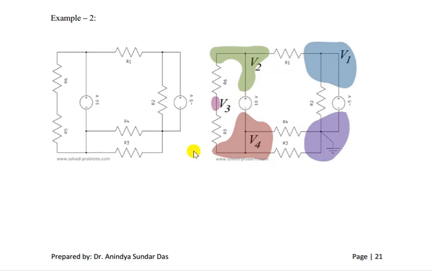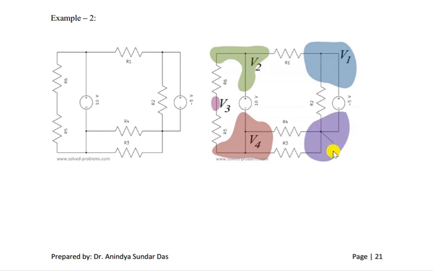Another example. Now see here what we can do. We can take this one as ground, then this node becomes 10 volt. If you take this one as ground, this voltage will be minus 10 volt. You can take this one as ground, then this node voltage will be 5 volt.